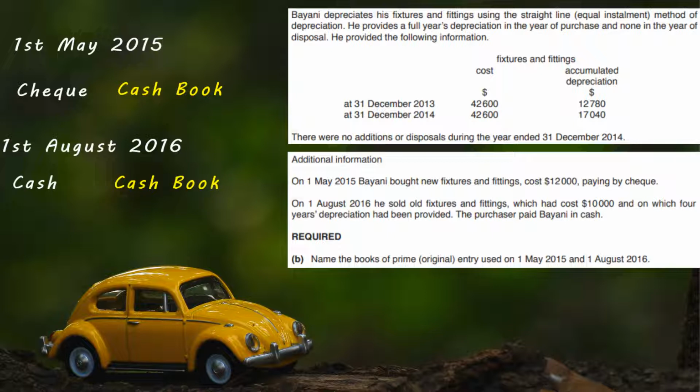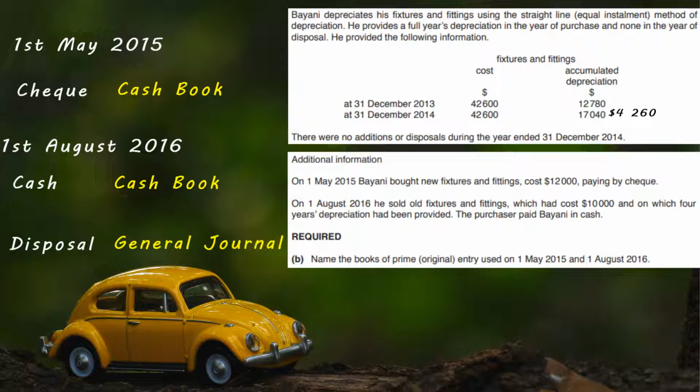And the disposal of this, remember, we have to take away from our asset and also the provision, so that will be recorded in the general journal. So for the second entry, which is on 1st August, you have two separate books of prime entry, which are your general journal and cash book. Yeah, that's it for this question.